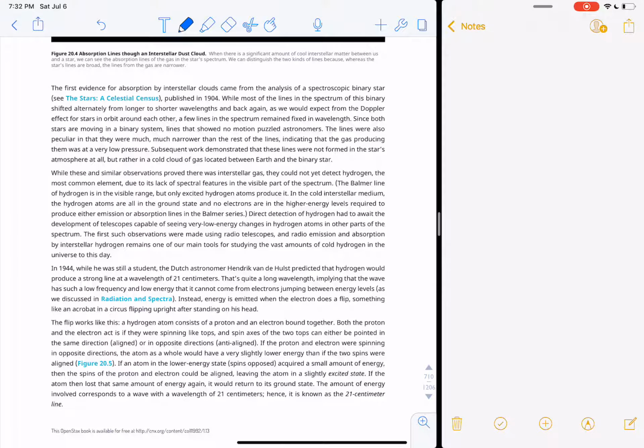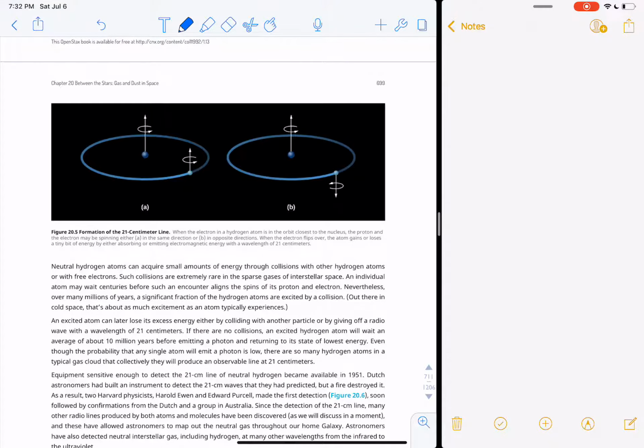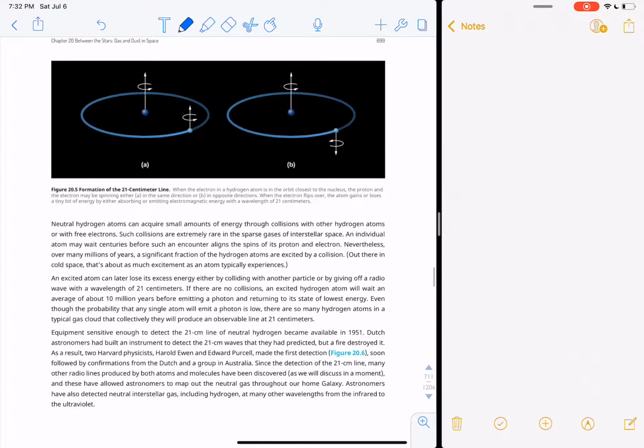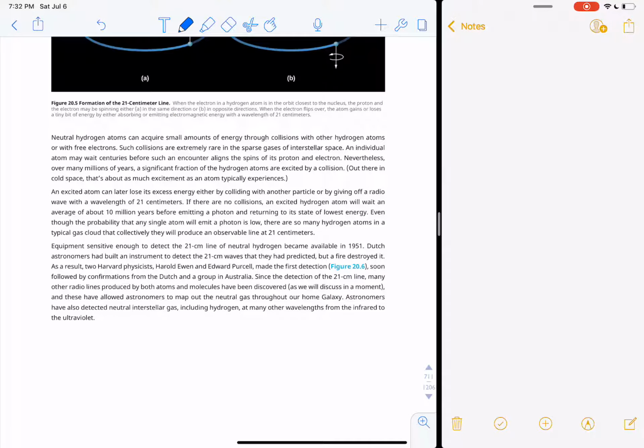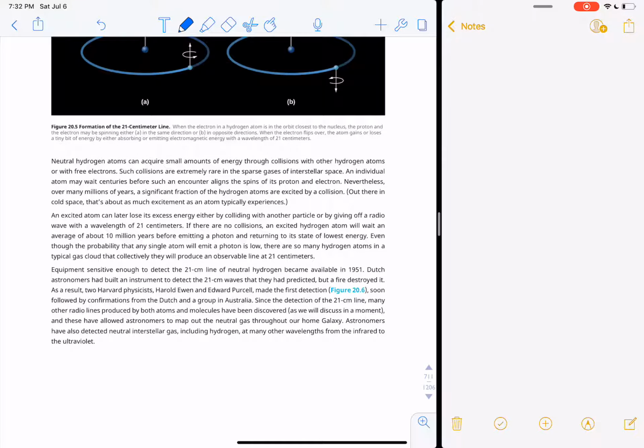Okay, and now we're talking about the 21 centimeter line. This is another wavelength of light that comes from hydrogen. It says an excited atom can lose the excess energy by colliding with another particle or by giving off a radio wavelength of 21 centimeters.